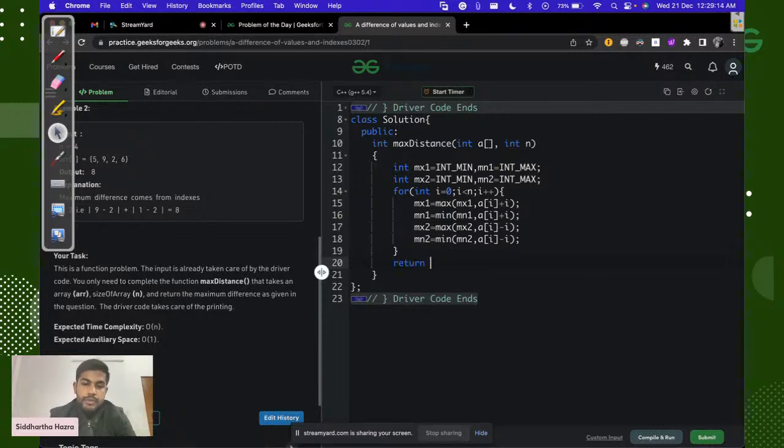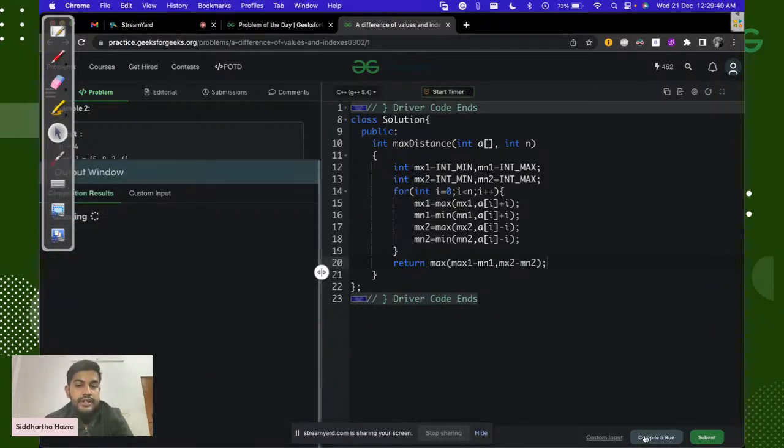So the answer would be nothing but the maximum of both the equations, so return the maximum of both the equations because we want the maximum value. So what we want is mx1 minus mn1, and then mx2 minus mn2.